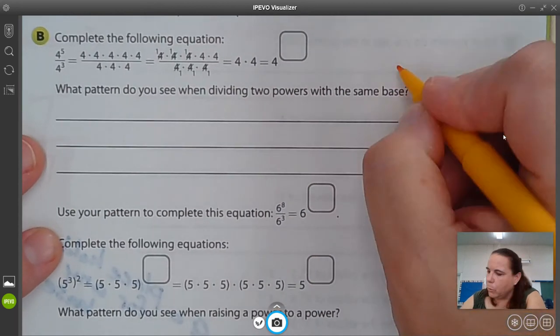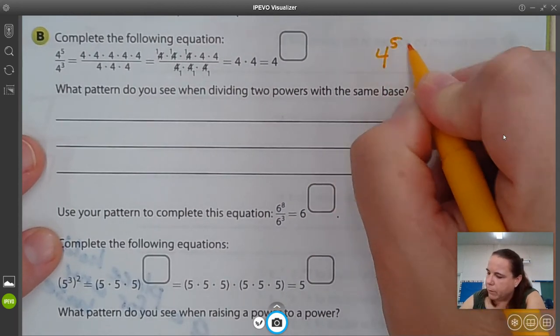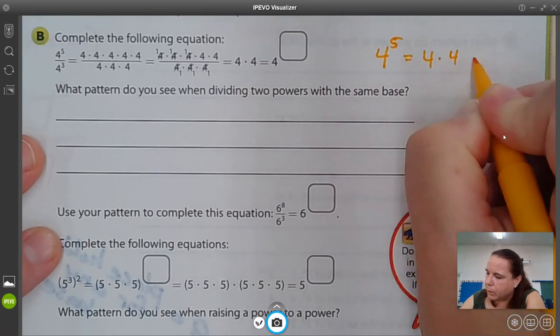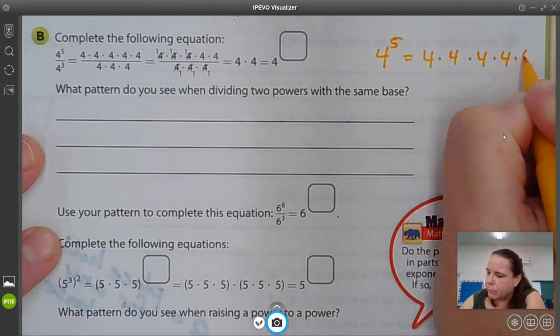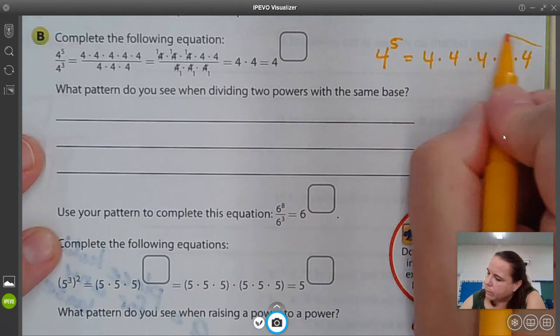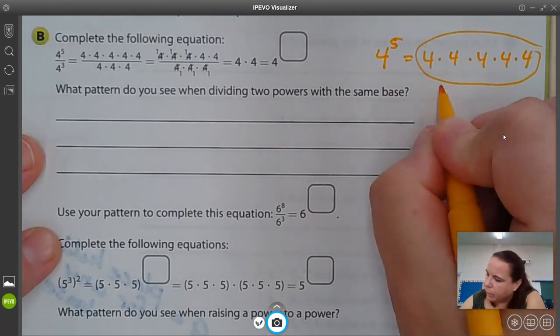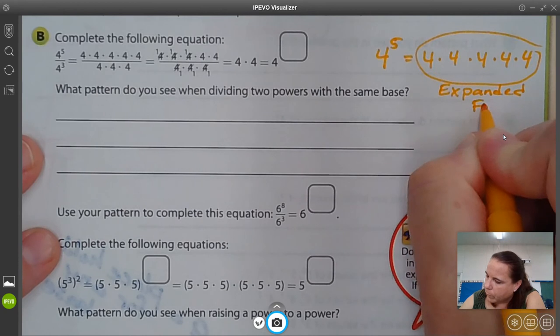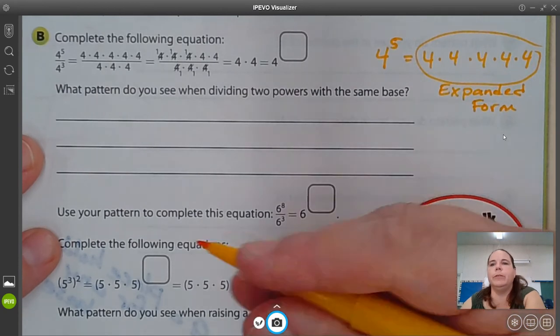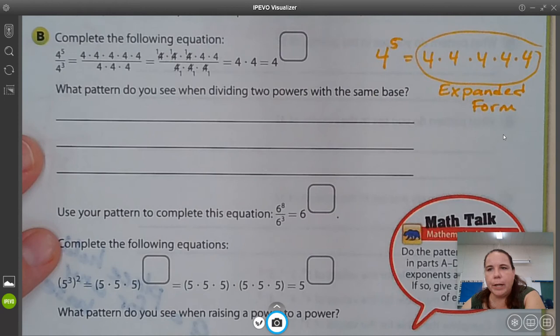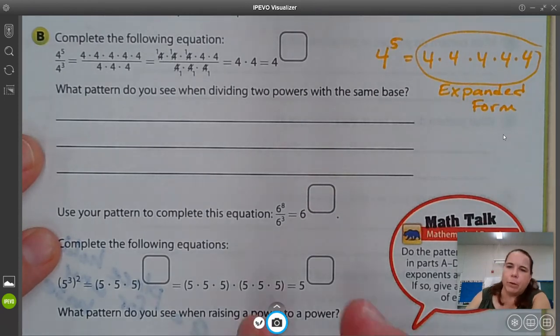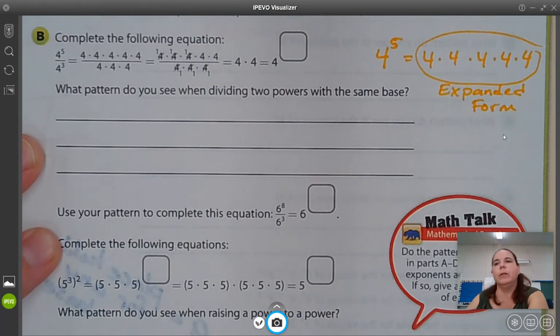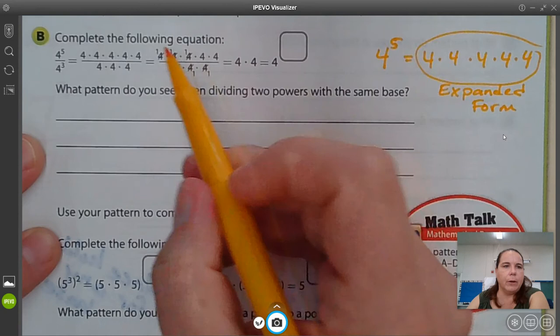So when you say 4 to the 5th, this is the same as 4 times 4 times 4 times 4 times 4. When it's stretched out like this, we call this expanded form. Right, and you would have seen that in your younger grades, like if you said 452, and then you said 400 plus 50 plus 2, expanded form. So you break it apart, right? This is just expanding that out.